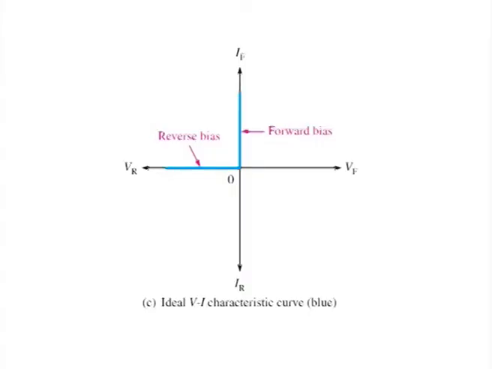The forward current is determined by the bias voltage and the limiting resistor using Ohm's law. Since the reverse current is neglected, its value is assumed to be 0 as indicated in the figure by the portion of the curve on the negative horizontal axis.